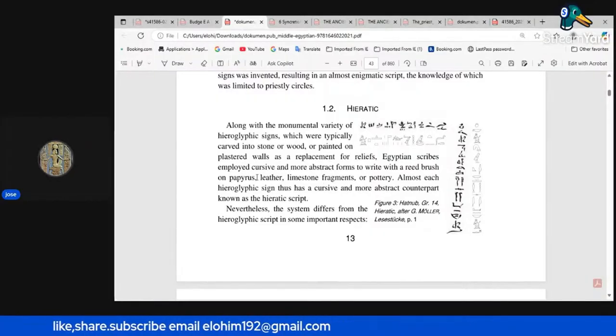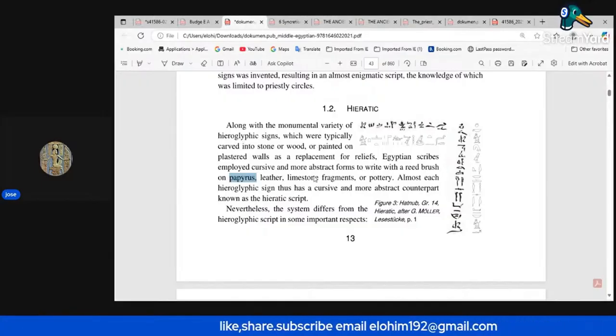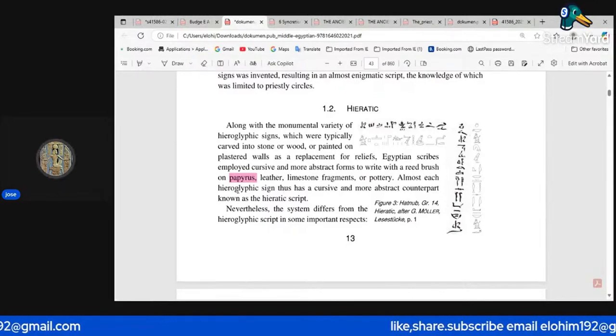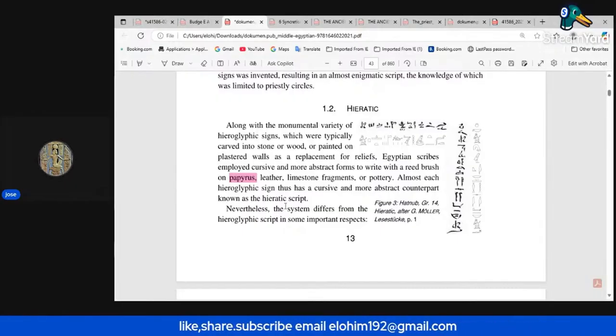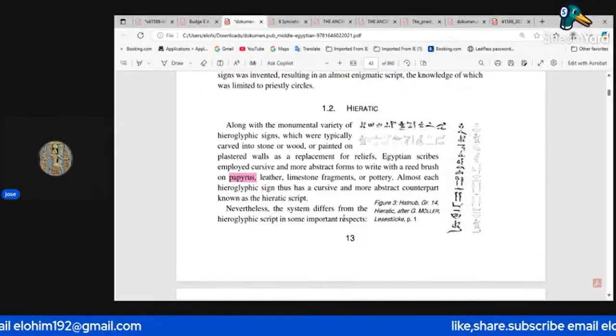I'm going to highlight papyrus because I want to look into the Medu Neter word for papyrus. Leather, limestone fragments, or pottery. Almost every Medu Neter sign thus has a cursive and more abstract counterpart, known as the hieratic script. Nevertheless, the system differs from the hieroglyphic script in some important aspects.